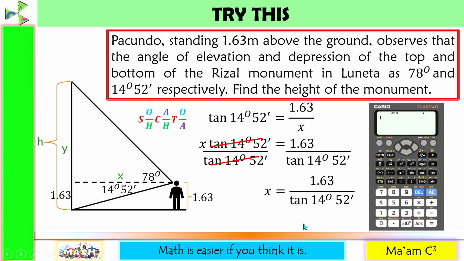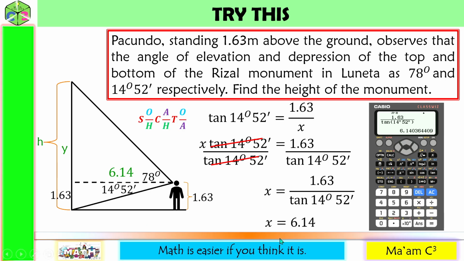Let us solve this. So we have 1.63 divided by the tangent 14 degrees 52 minutes, and this is equal to 6.14. So our x is equal to 6.14. This one here is 6.14.